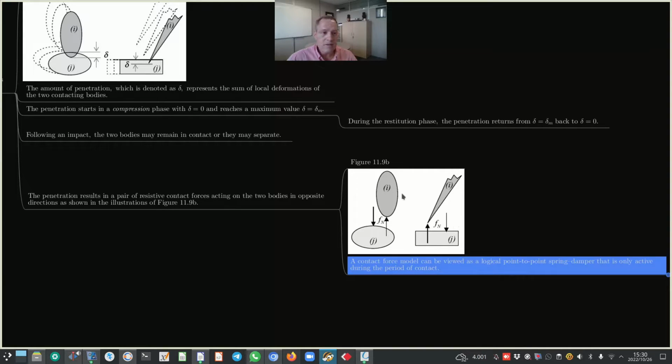Typically when the two bodies do not make contact, the point-to-point spring damper will be inactive. But when there is contact and deformation specifically, this point-to-point spring damper should be active.